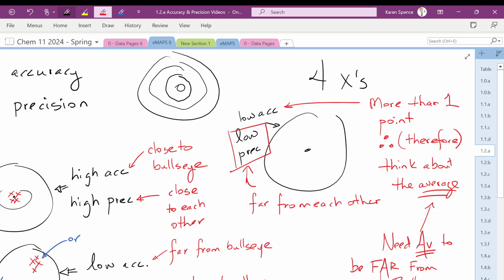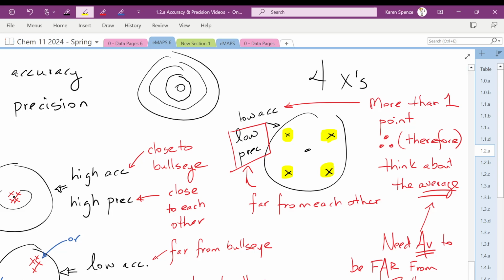So here's a question for you. Would it be okay if I did this? Is that low precision? Let's start with precision. Is that low precision? Yes. Is it low accuracy?